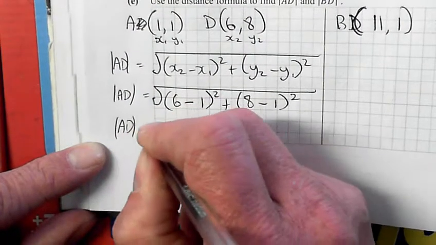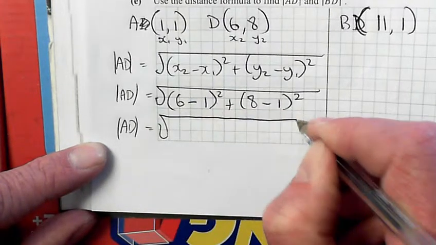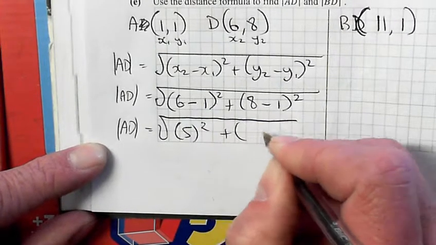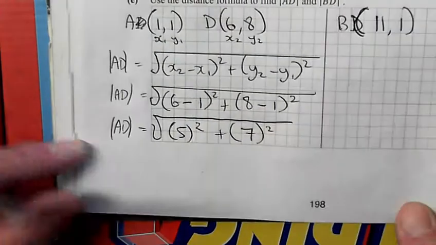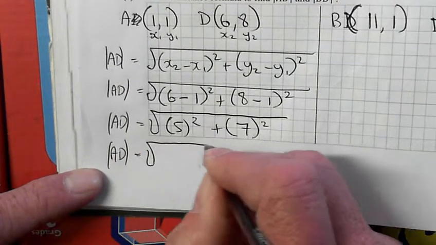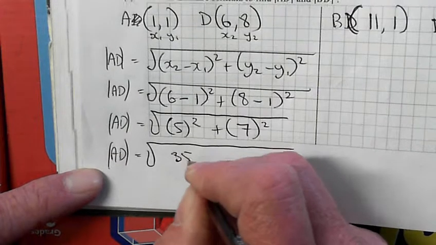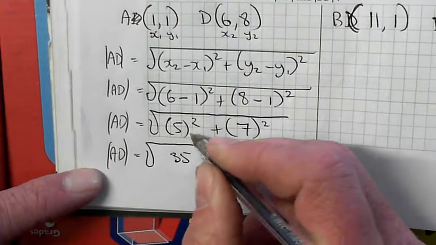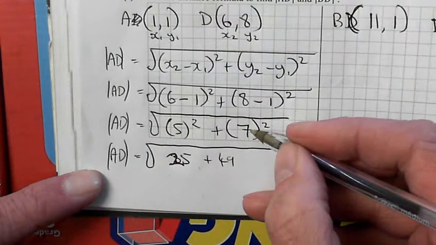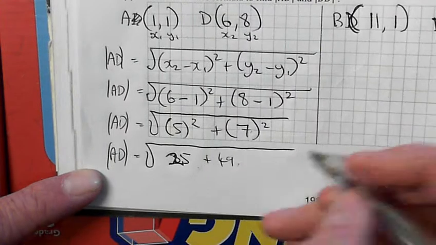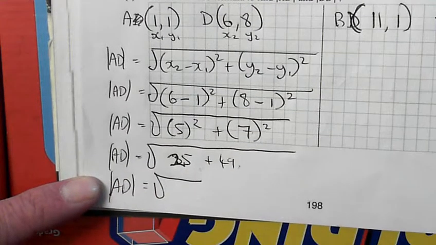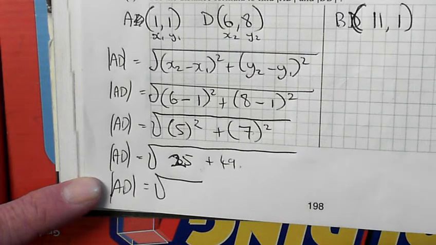Now you do the addition or subtraction inside. 6 minus 1 is 5, 8 minus 1 is 7 squared. So 5 squared is 5 times 5 is 25. And 7 times 7 is 49, and add the two of them together. 25 plus 49 is 74.